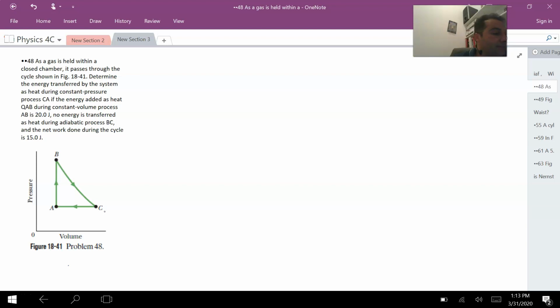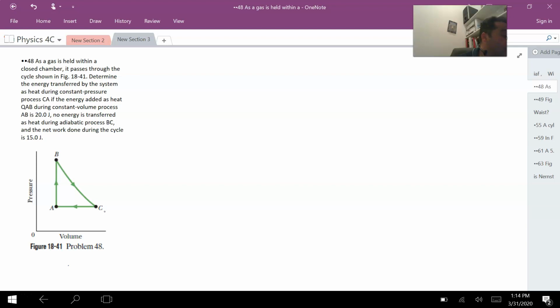Number 48, it says gas held within a chamber passes through the cycle shown in the figure below. Determine the energy transferred by the system as heat during process CA, if the energy added as heat QAB during process AB is 20 joules.